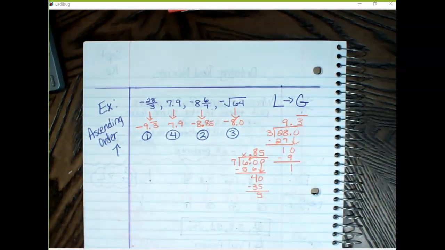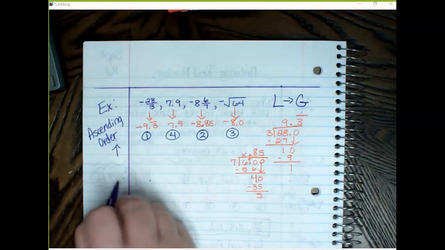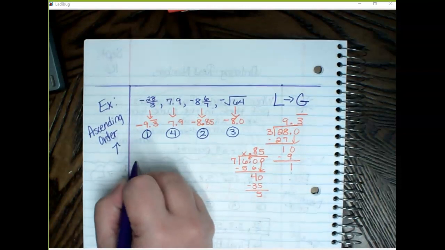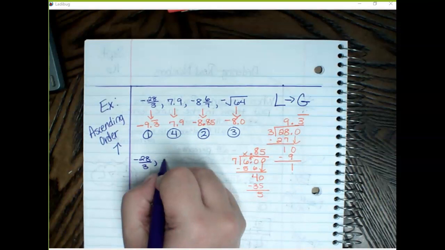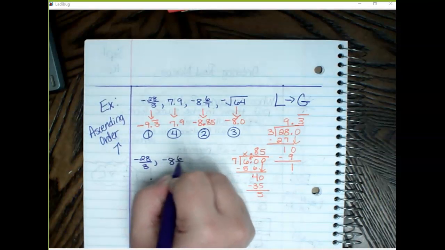Questions on that with the negatives? The negatives kind of get a little tricky sometimes. All right, are we ready for final answer? Okay, first place, what's its final answer? Negative 28 over 3. Second place. Negative 8 and 6/7.